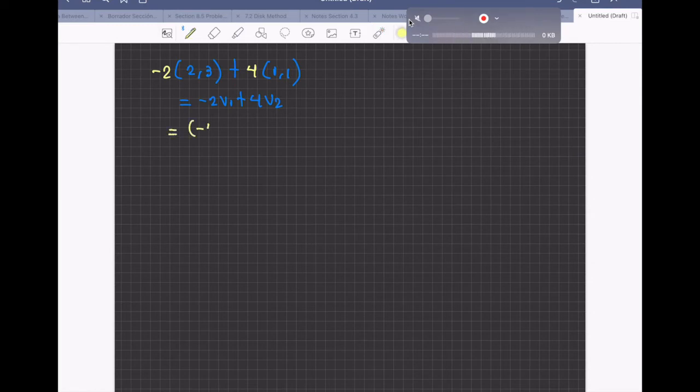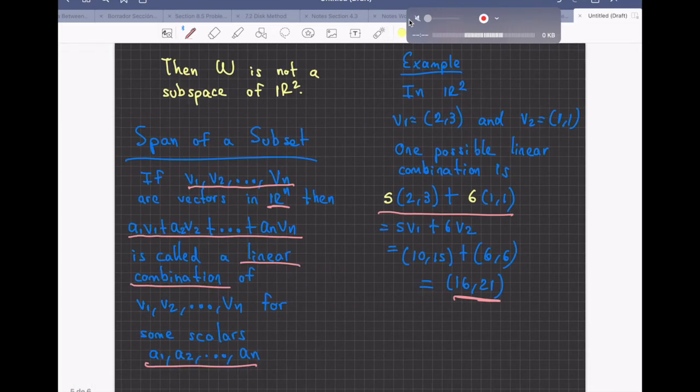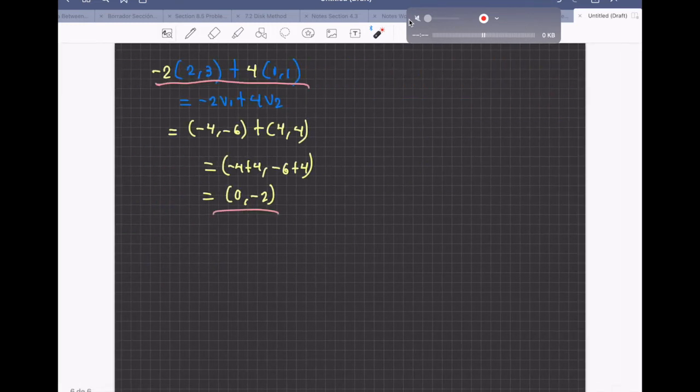It's going to be (-4, -6) plus (4, 4) equal to (-4 plus 4, -6 plus 4), equal to (0, -2). So the result of this linear combination is this. Both are linear combinations of the vectors b1, b2 defined as this. All right.